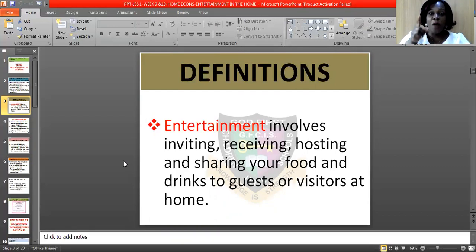That means when you are sharing, receiving somebody, inviting somebody over, trying to entertain, so as to give a kind gesture to somebody, you are practicing entertainment. All right, let's look at other definitions.